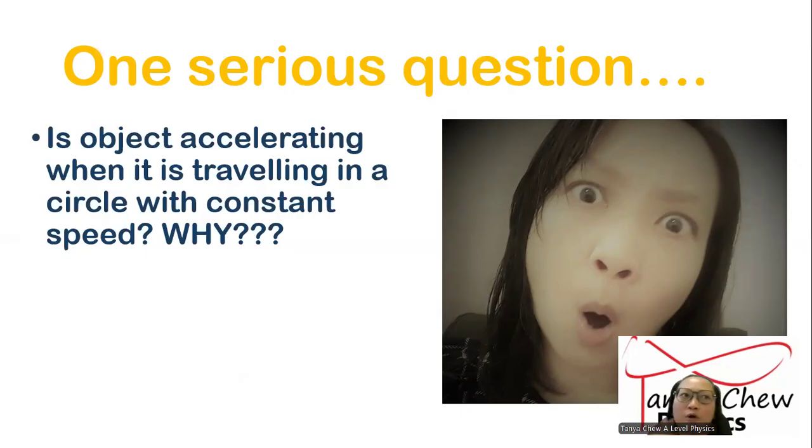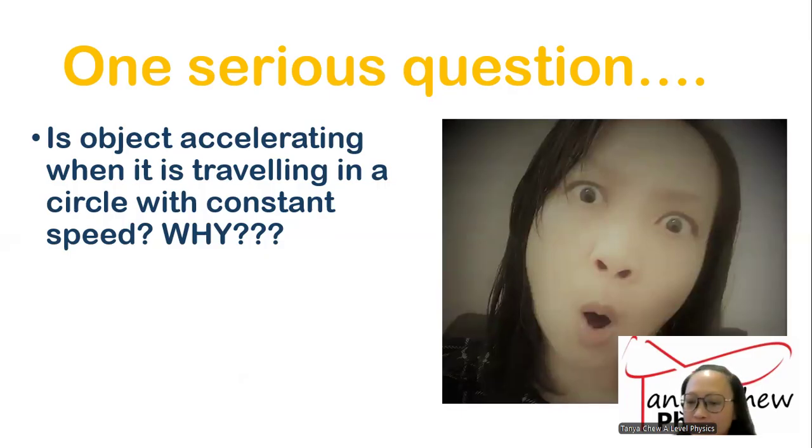Because when you learn about speed, you know that when the speed is constant, the magnitude of the speed is always the same at all points. So the object is not moving any faster or any slower. So it should not be accelerating, right? Most students have this concept, which is a correct concept.